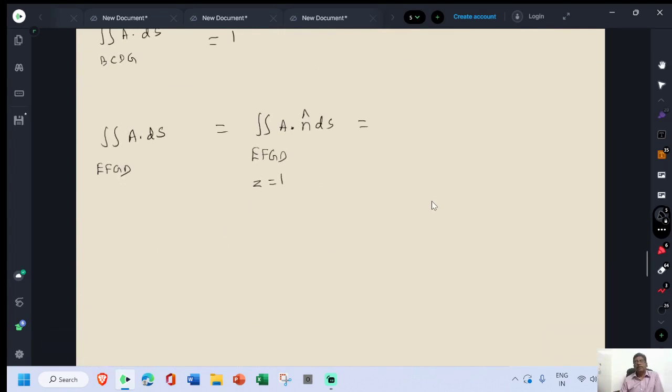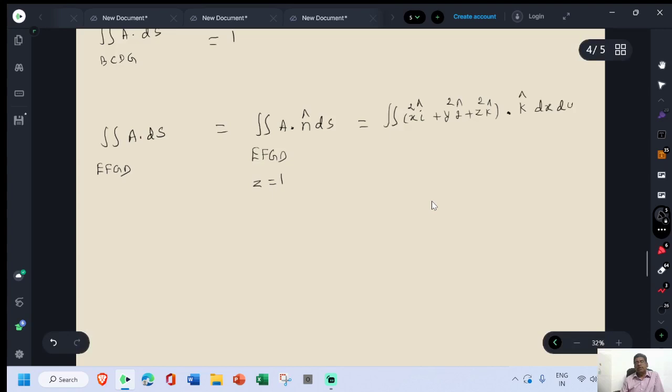This is equal to the integral, where the value of A is x square i plus y square j plus z square k, dotted with n cap, whose value is k because z equals 1. This is integrated with respect to dx and dy.